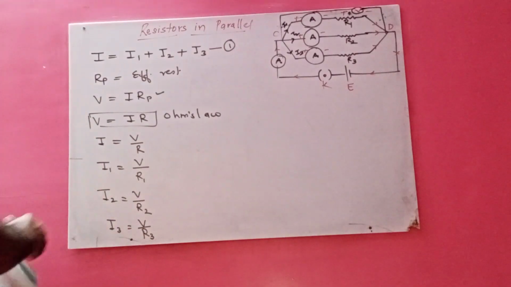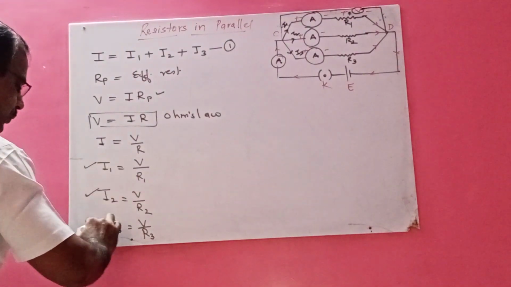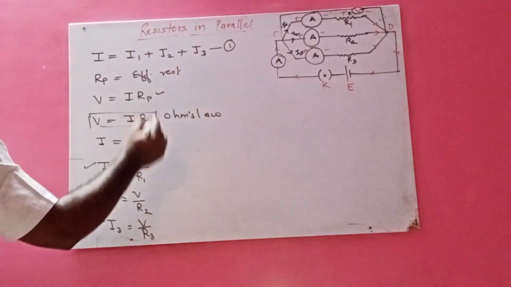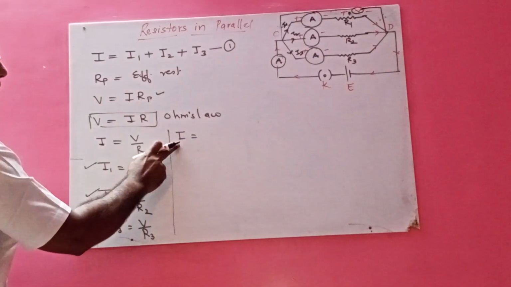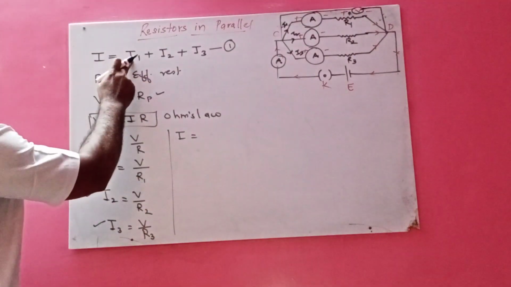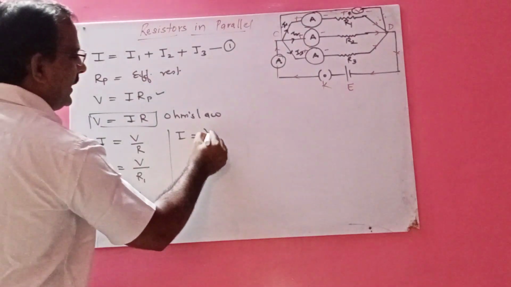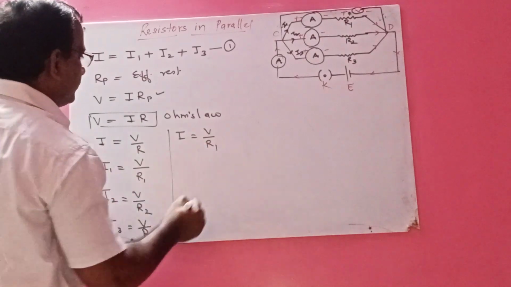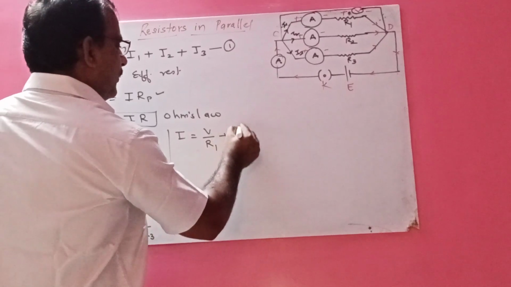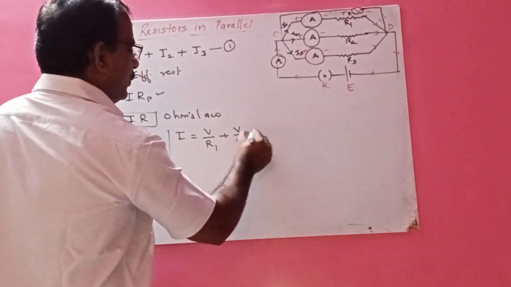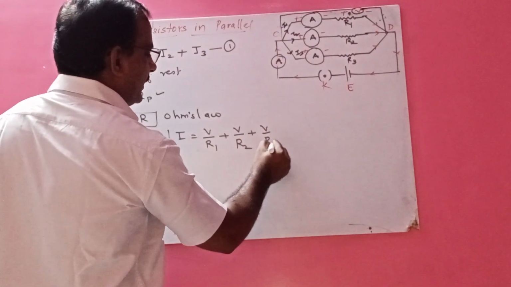Then substitute all these values I1, I2, I3 in equation number 1. So you will get I is equal to I1, which is V upon R1, and this is V upon R2, this is V upon R3.